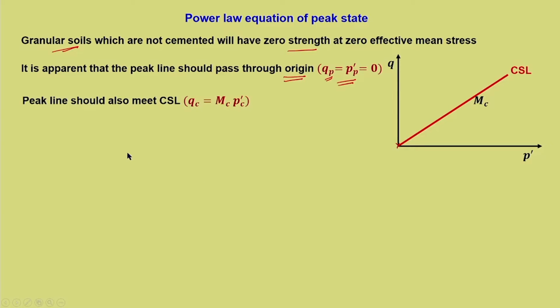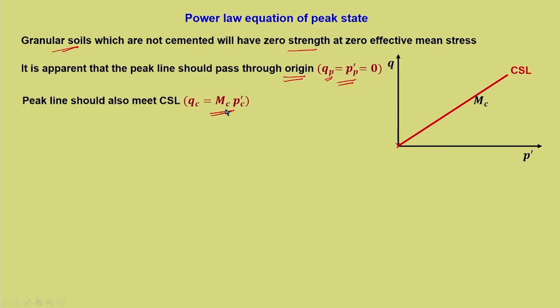We also know that on the right hand side, peak line would also meet critical state line. It cannot go on and on. So, it will meet at critical state line where the dilation gets suppressed and the peak behavior is no more possible, a peak gets suppressed, and that is QC equal to MC P dash C where it meets the critical state line.